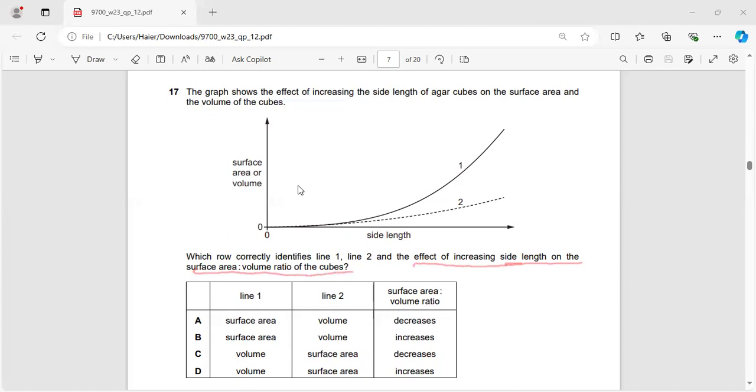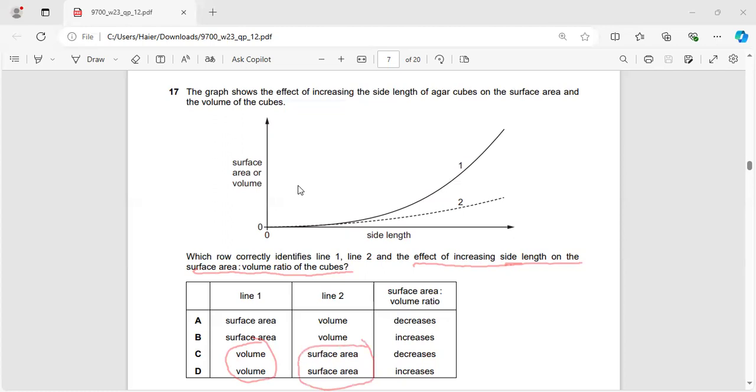In this case, you can see that for the surface area to volume ratio, the cube should be of smaller size. It means their surface area will be high. So here in this case, you can say number one will represent the volume, and number two will show the surface area, and third, decrease or increase.